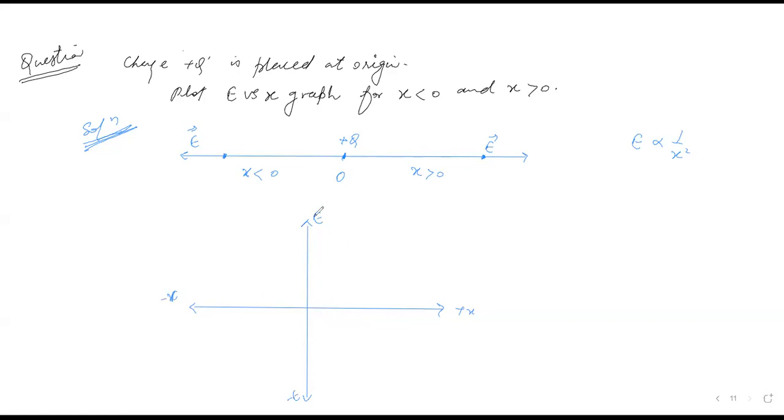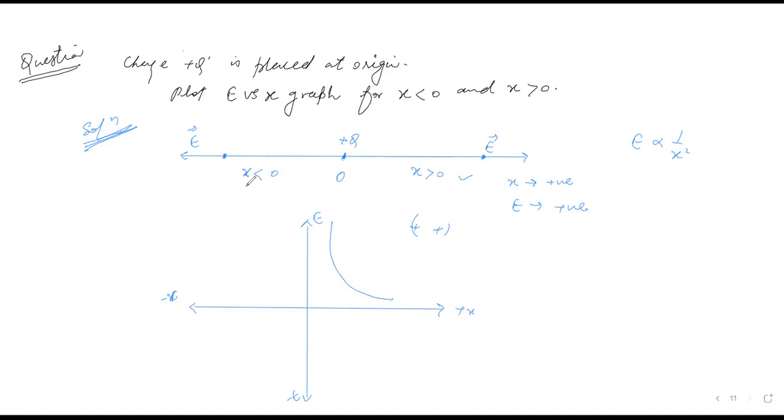Okay. What will happen in this region? In this region, when X is greater than 0, this means X is positive. If X is positive, then E also is positive. This is your coordinate of plus and plus. So the graph will be in this coordinate like this.